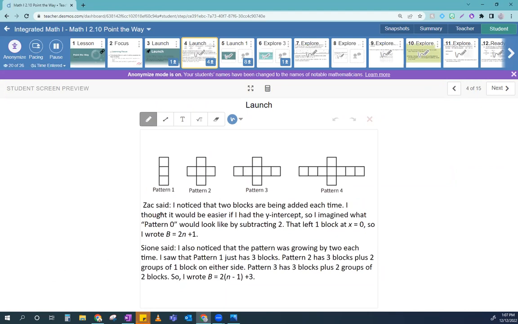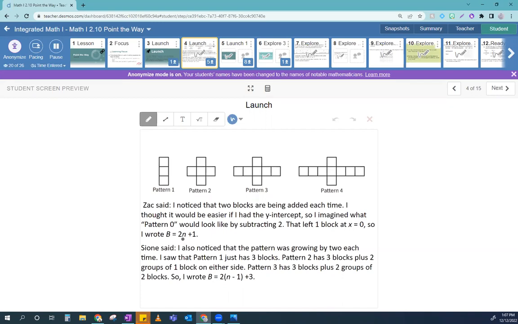Zach says, I noticed that 2 blocks are being added each time. I thought it would be easier if I had the y-intercept. So I imagined what pattern 0 would look like by subtracting 2. Remember how our friend always goes backwards? That left block at x equals 0. So I wrote down y equals 2n plus 1.